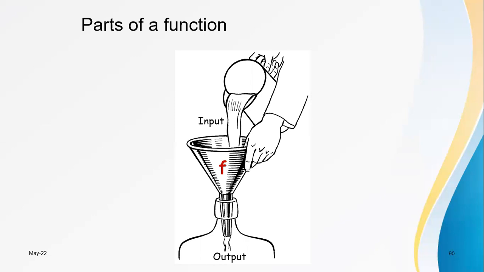That is the output. So this funnel is the function. Do it once, repeat it multiple times. Write a code once, use it multiple times. That is called a function.